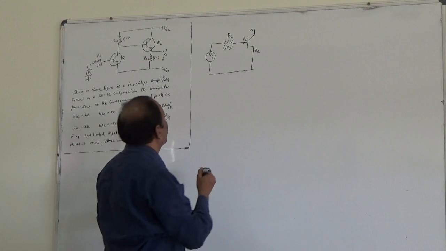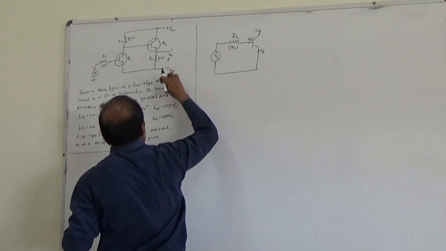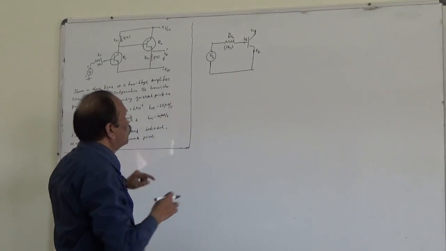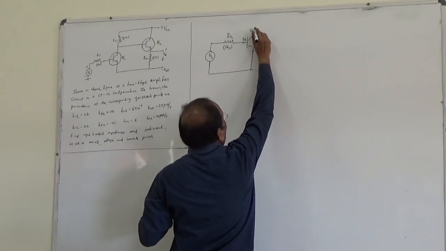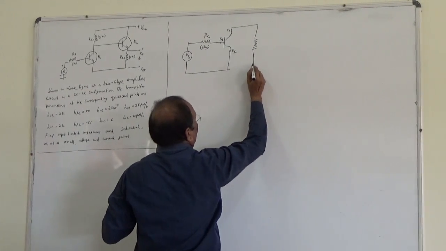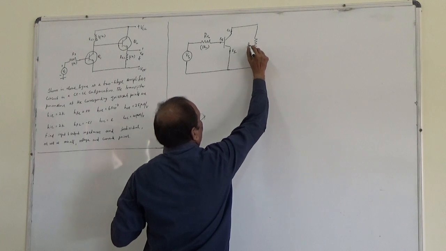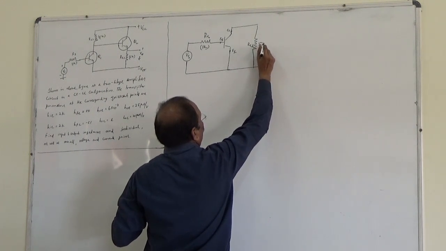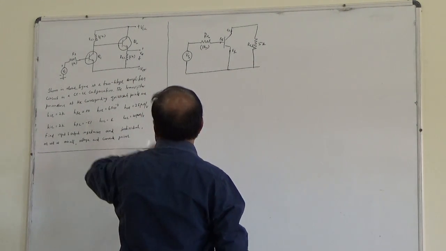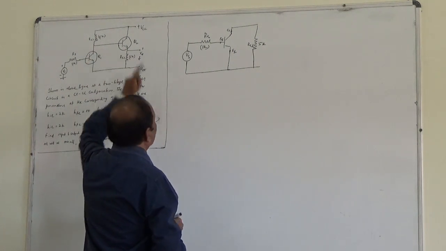When we ground this point, because we have to short circuit the voltage source VCC, this RC1, 5K, comes like this. Then from the collector point we again take it to the base.